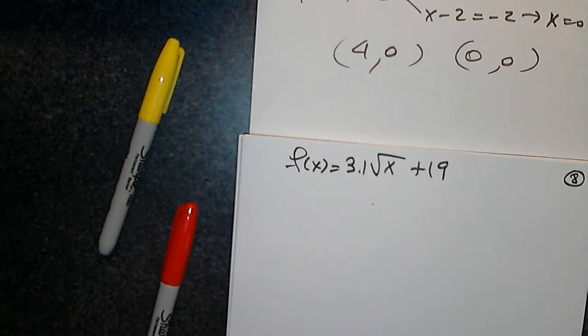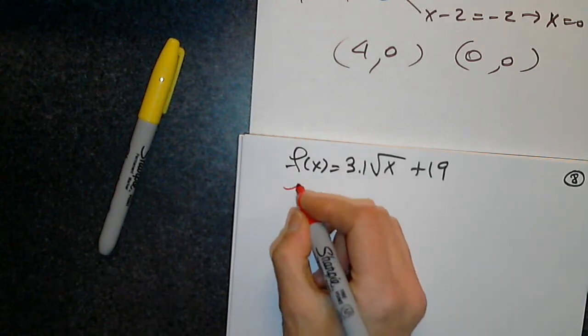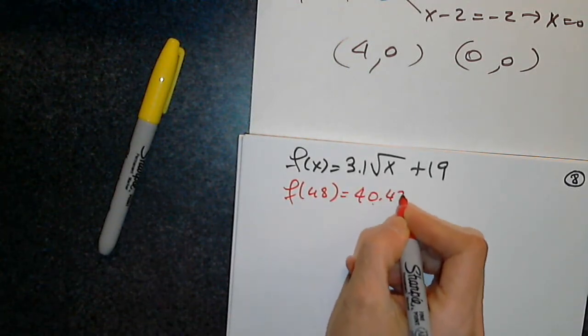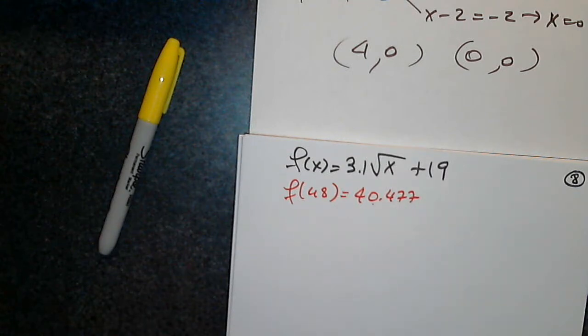Second and table. And I want to put in 48. So the median height for girls at 48 months of age is, so f of 48 equals 40.477.